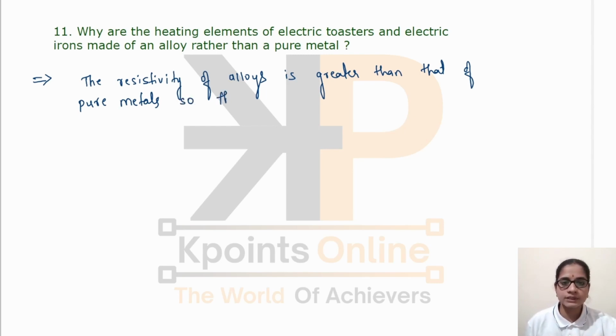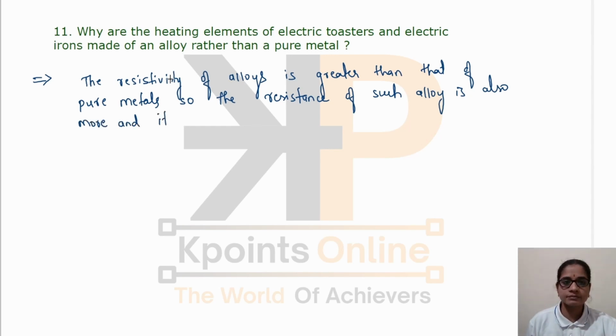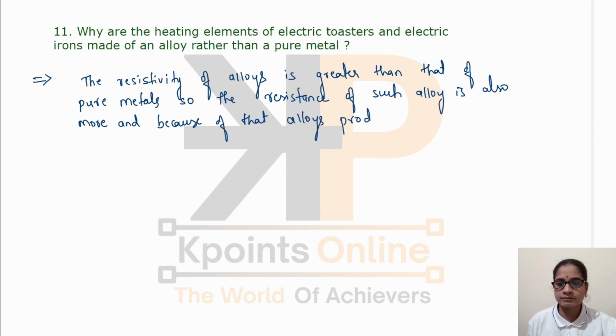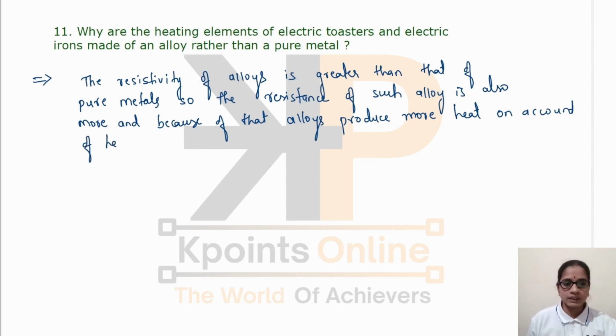So, the resistance of such alloy is also more, and because of that alloys produce more heat on account of the heating effect of electric current.